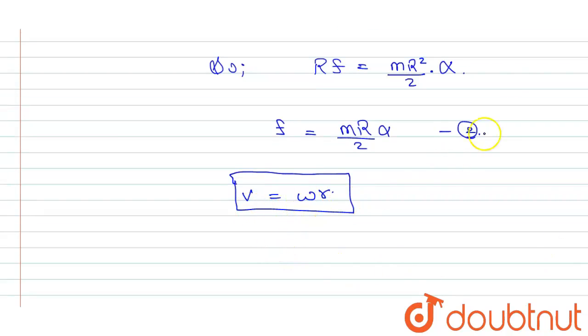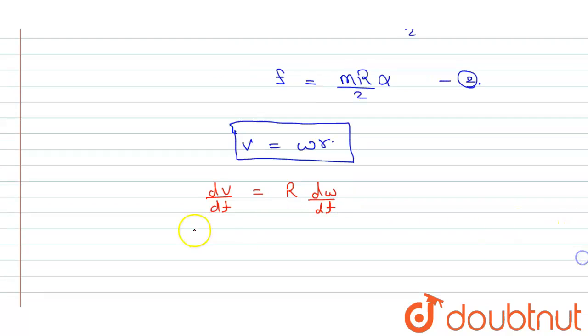When we differentiate this with respect to time, we get dv by dt equals r times d omega by dt, which is alpha. We know dv by dt is the acceleration, so here a dash.